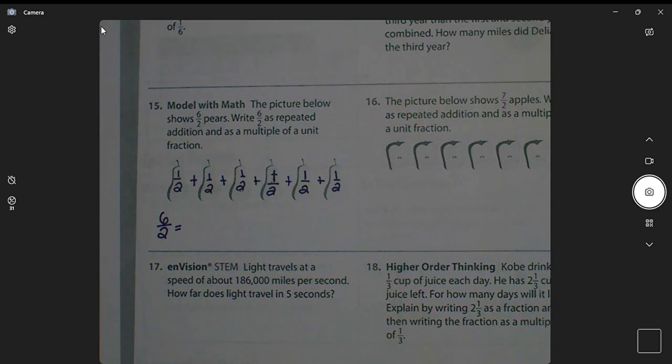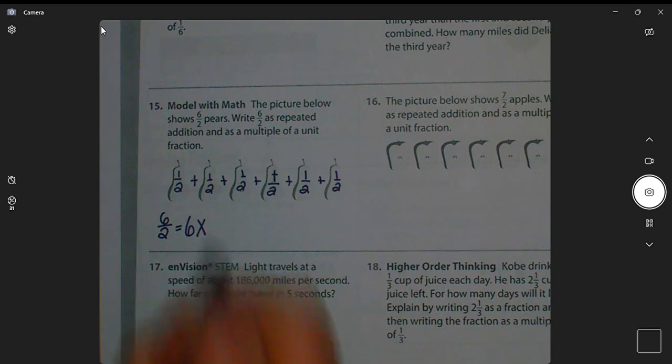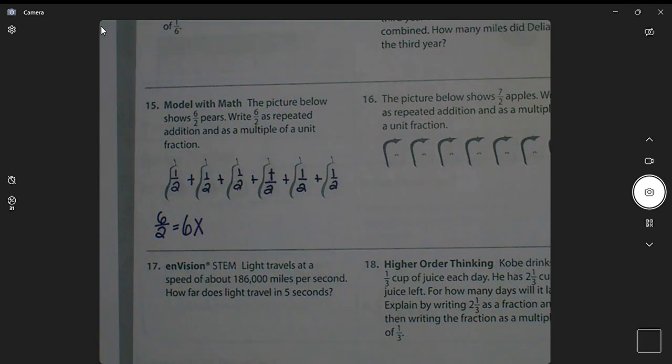It's 6. 6 times, what would my fraction piece be? You're right, it'd be 1/2. Because again, I'm multiplying by a unit fraction.